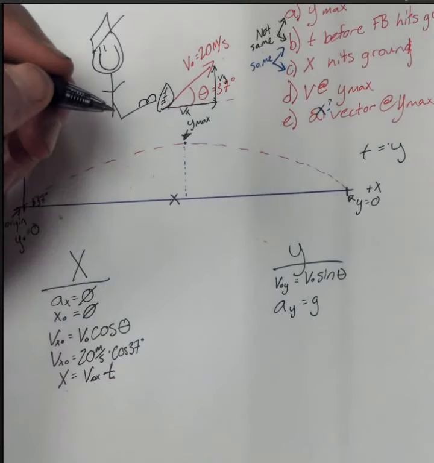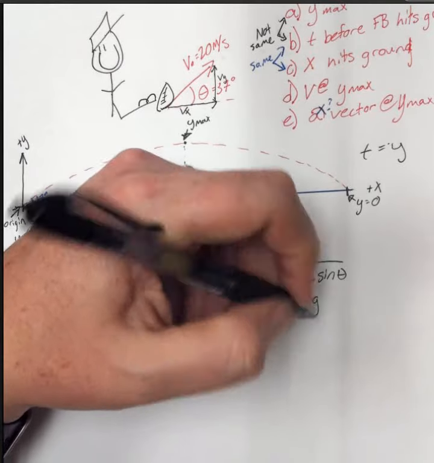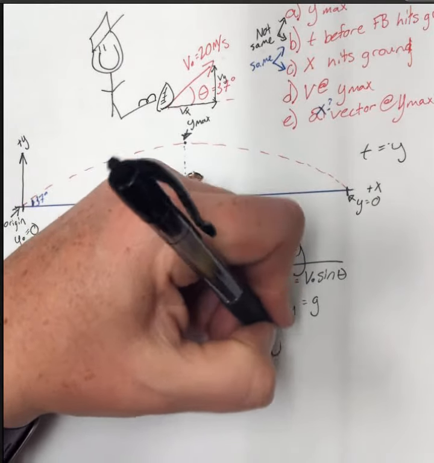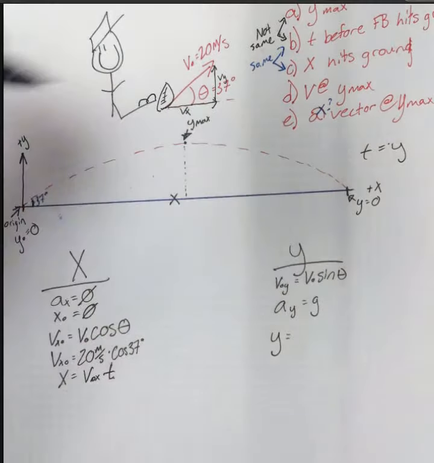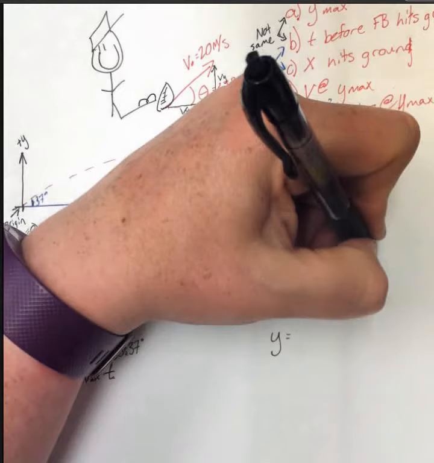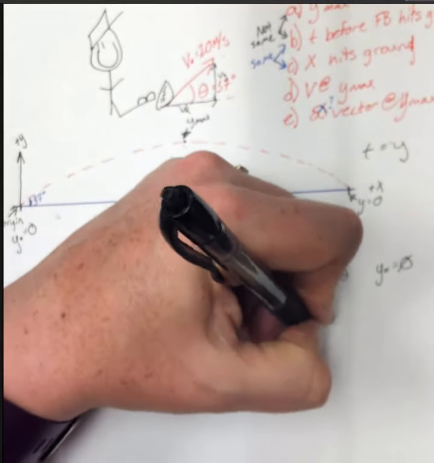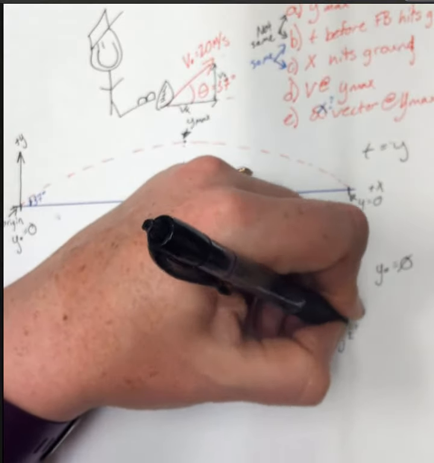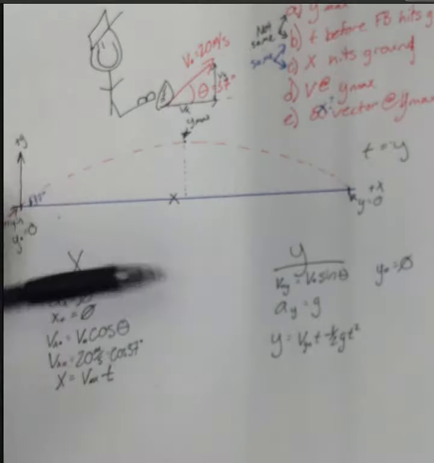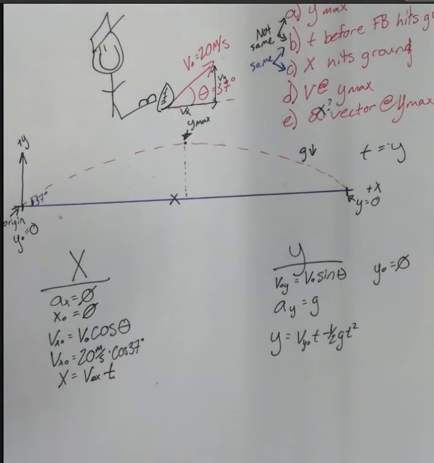And we also know that the position, since we set the origin right there so y naught equals 0, is going to be given by Vy naught t minus 1/2 gt squared. And that negative came from the fact that gravity is down, and down we decided was a negative direction. So there are two time intervals to consider.